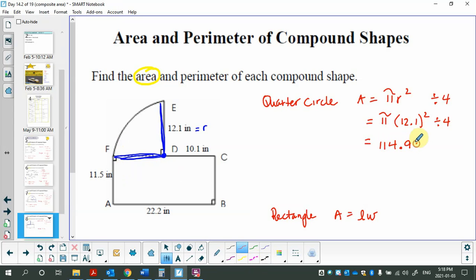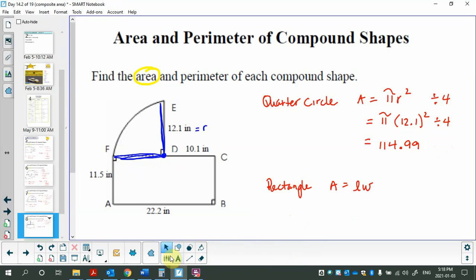And I'm going to be a super rebel this time, and I'm not going to put any units until the very end. Time for the rectangle. Length 22.2 inches. Width, 11.5 inches.